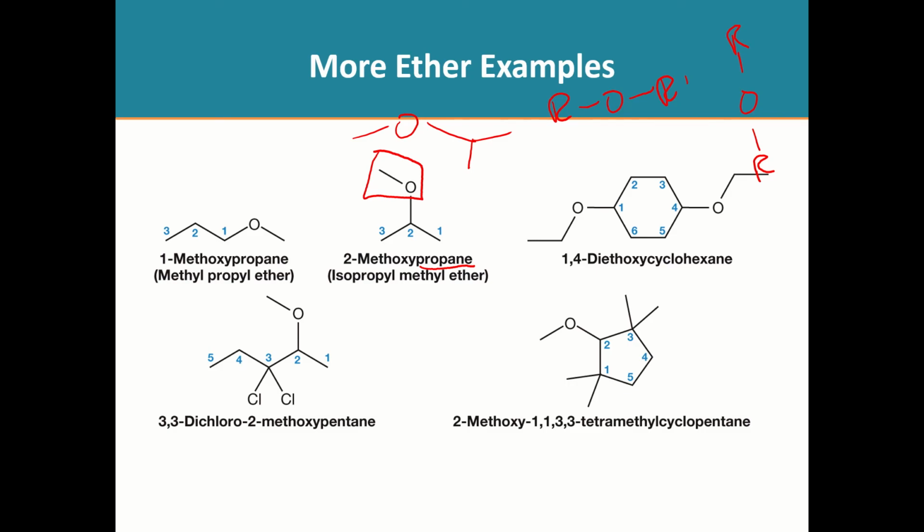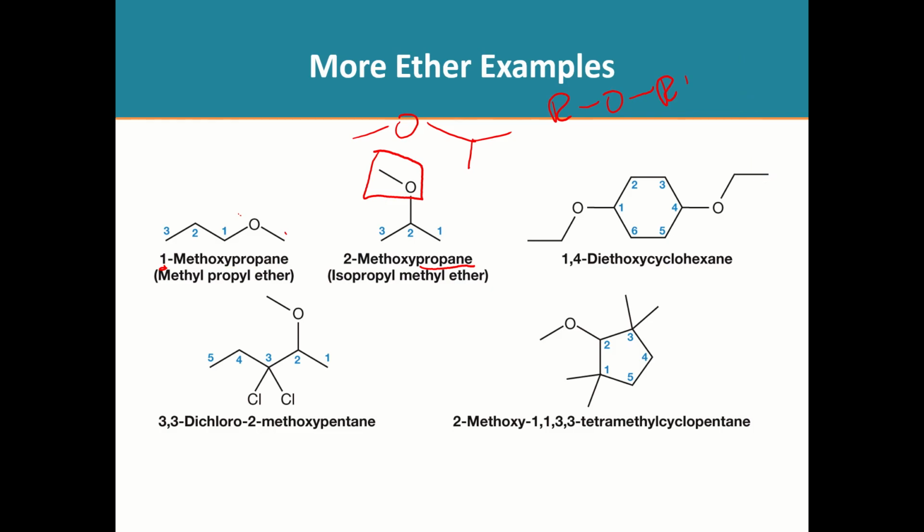So where's that methoxy attached? It's attached to carbon 2. If we go to this example on the right, we see the longest parent chain is the propane. There it is, the longest parent chain. And then here's the methoxy group, and we see that it's attached to carbon 1.